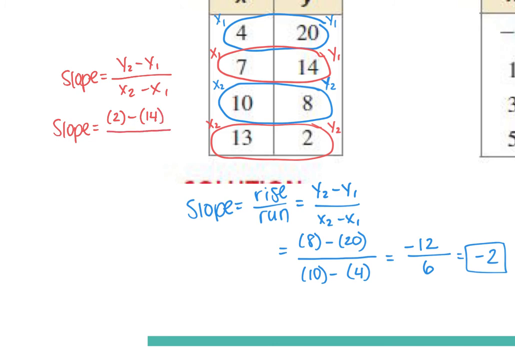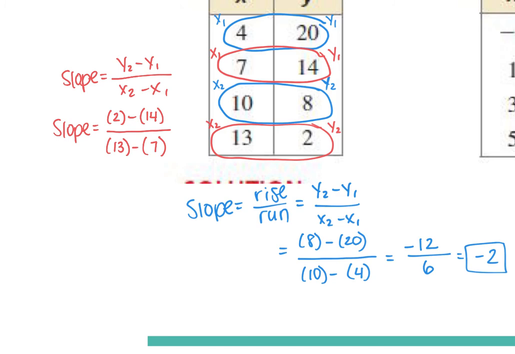Over, what's x2, guys? X2, anyone? Seth? 13. And Seth, what's x1? 7. Now watch. We should, if we did it right, also get that our slope is -2.